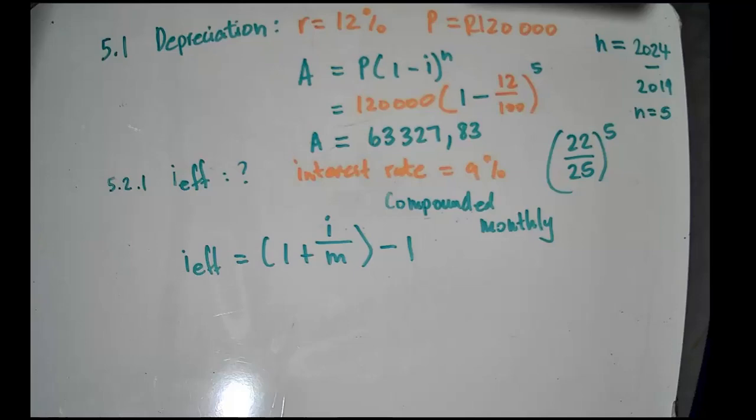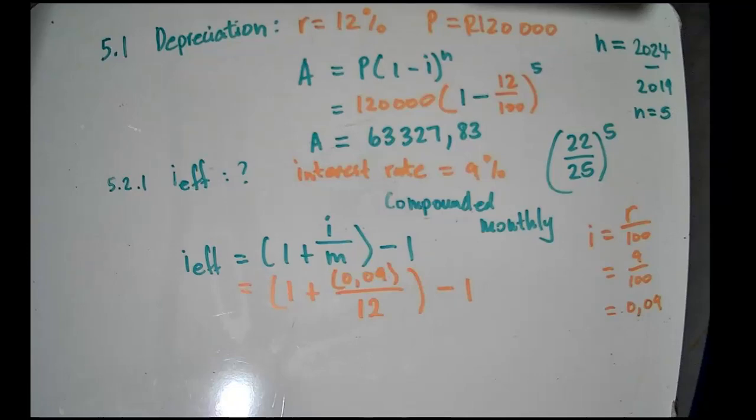So we're going to substitute our value there. For i, don't forget it's the decimal interest rate. So this means it's going to be 9 divided by 100, which will give us 0.09. Substitute it into the formula and then minus 1.